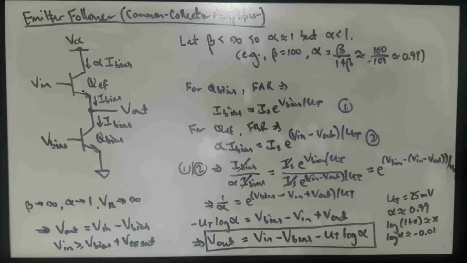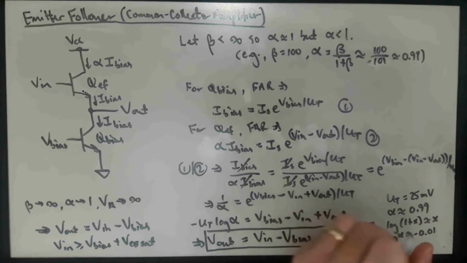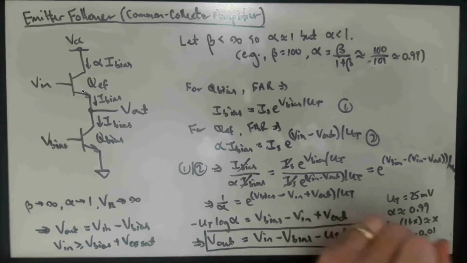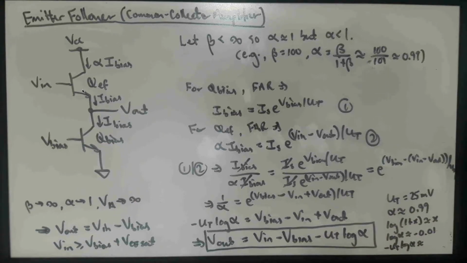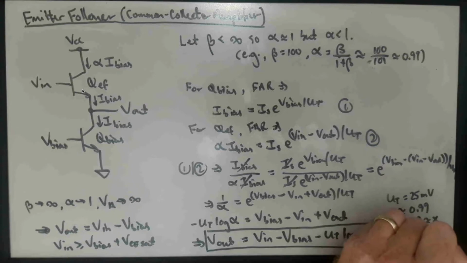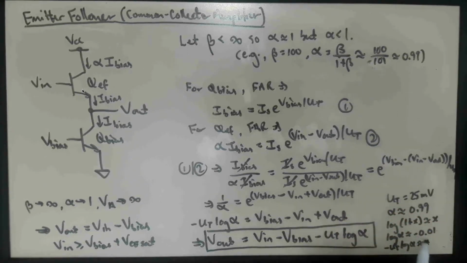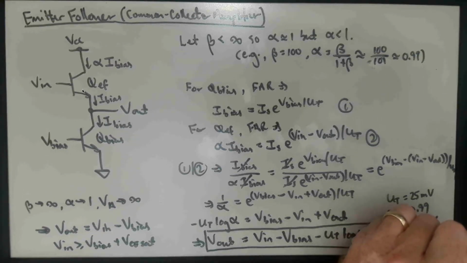So minus UT log alpha is approximately going to be, the minus and the minus cancel, so we have plus 1/100th of 25 millivolts, which is about 0.25 millivolts, or 250 microvolts.